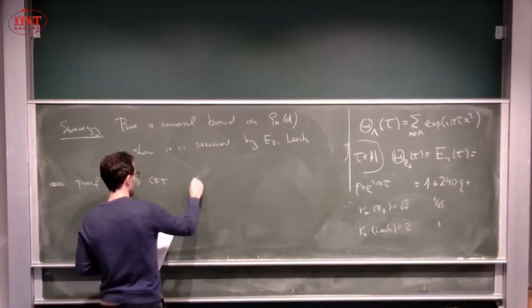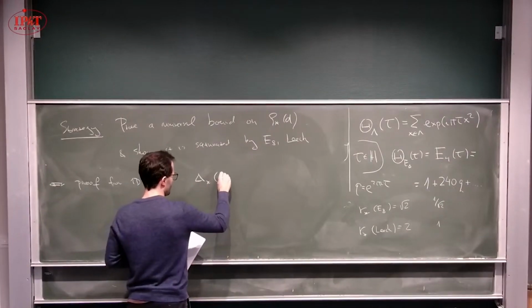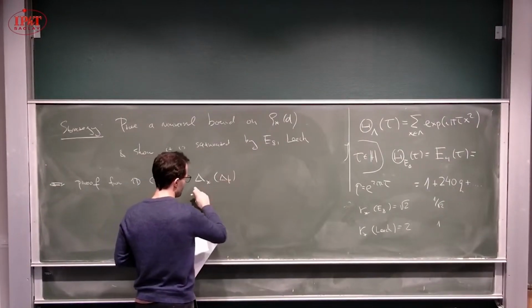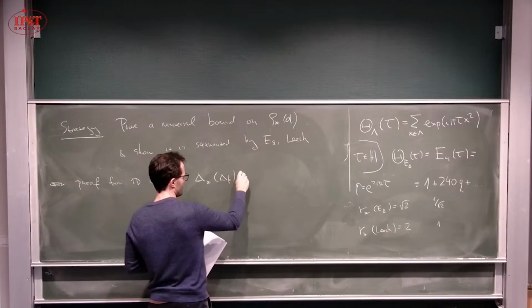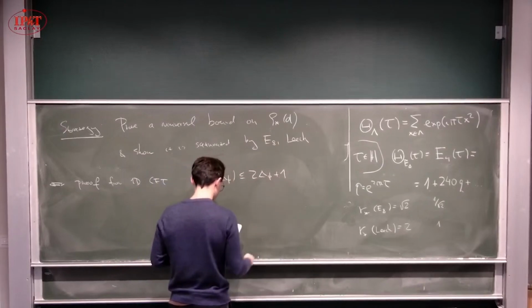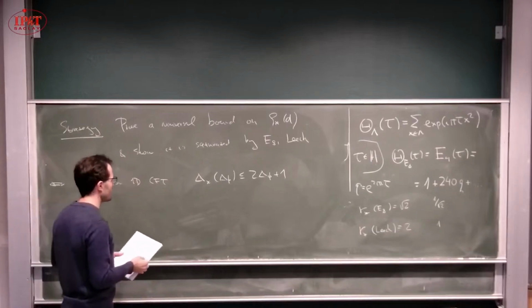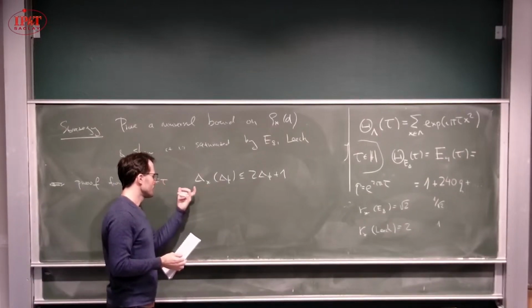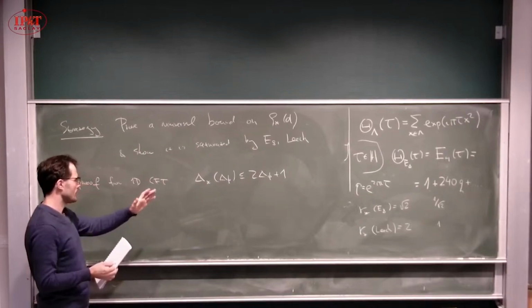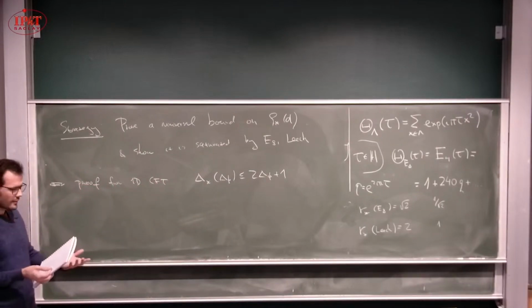On the CFT side, I'm just going to give some kind of sketch. We had a proof of the statement that delta 1 is upper bounded by 2 delta phi plus 1. And under the mapping, the spectrum of this delta 1, delta 2, and so on becomes the spectrum of the length squared of lattice vectors.